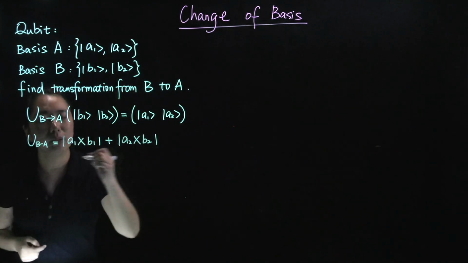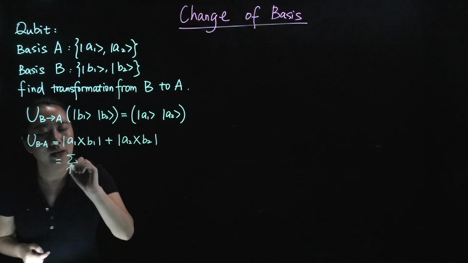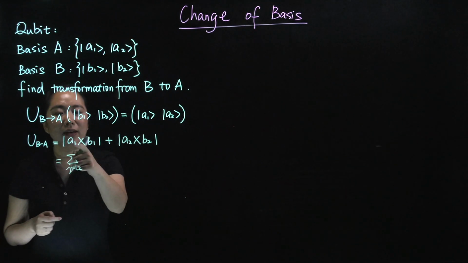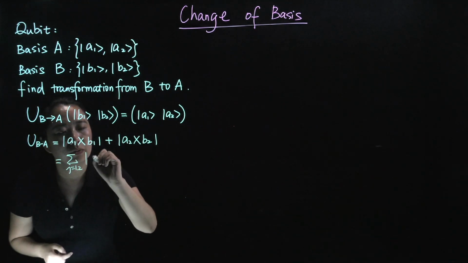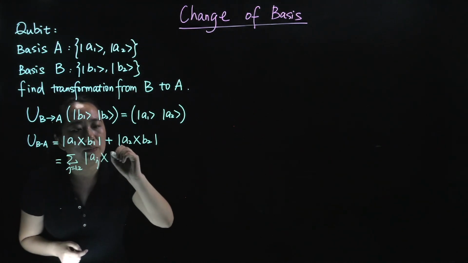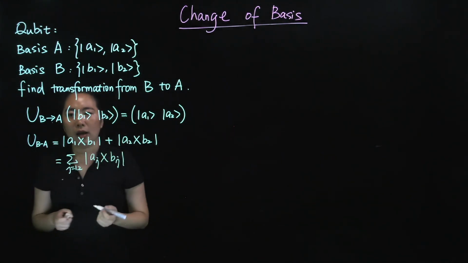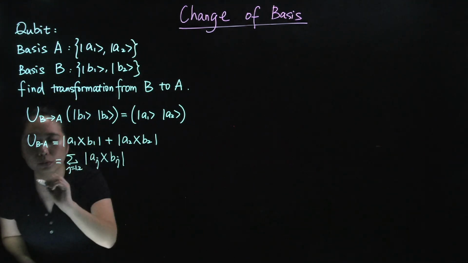More generally, we can also write this as a summation of index j equals 1 and 2, denoting the indexes of ket A and ket B. And then we have the ket Aj with the bra Bj. Okay? And what is the Hermitian adjoint of the operator U?